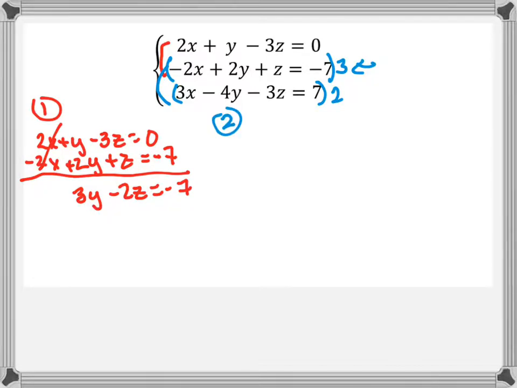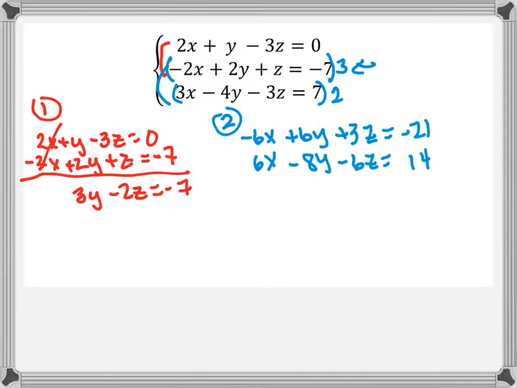So doing the multiplications, I will now get -6x plus 6y plus 3z equals -21. And my second equation results in 6x minus 8y minus 6z equals 14. Adding them together, my x's cancel out, and I end up with -2y minus 3z equals -7.